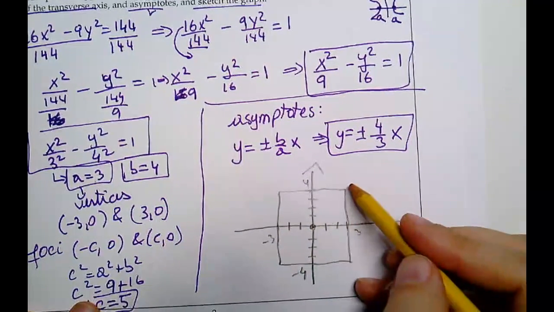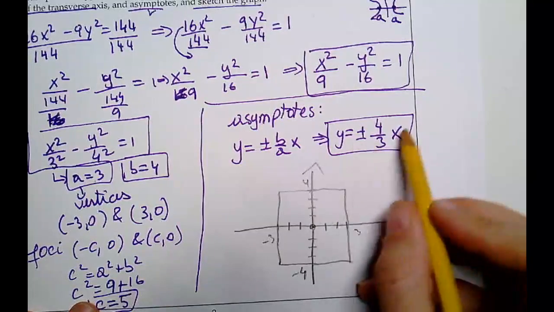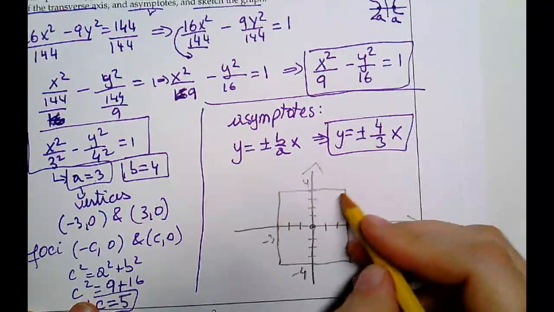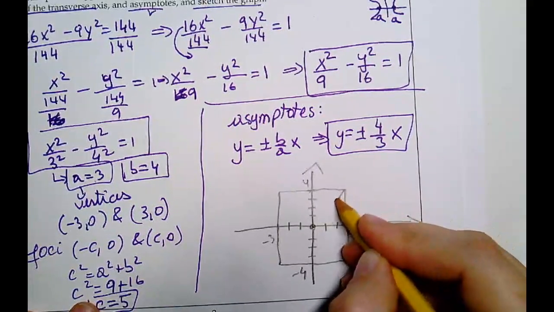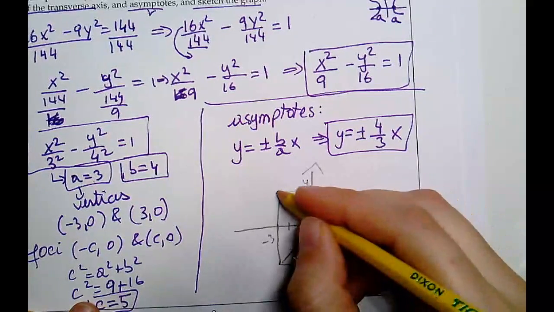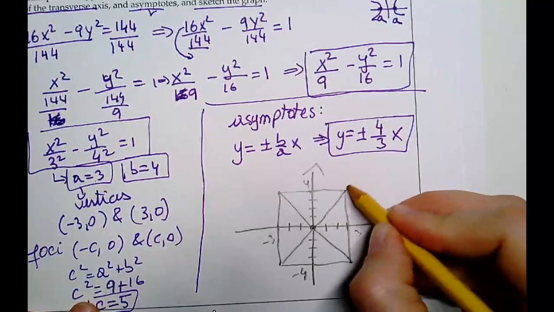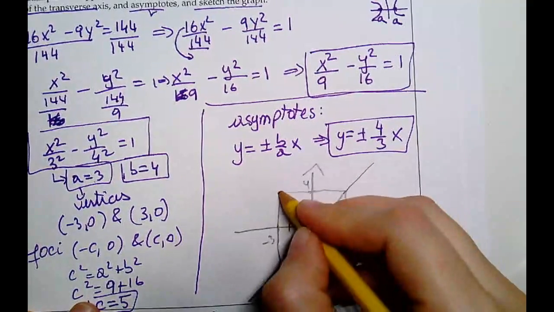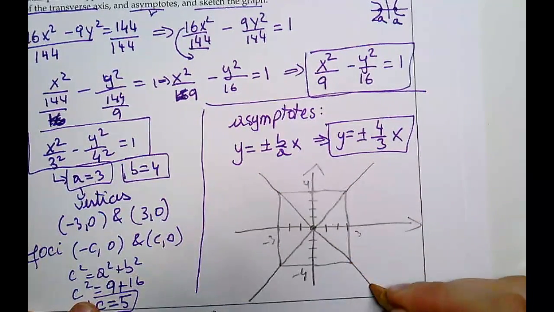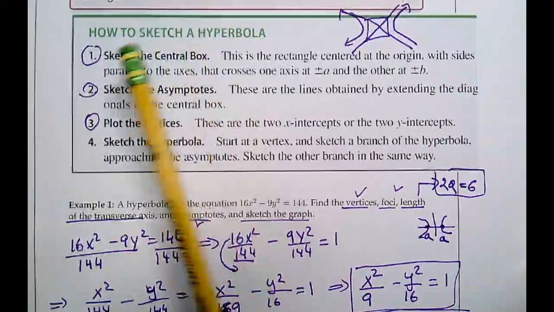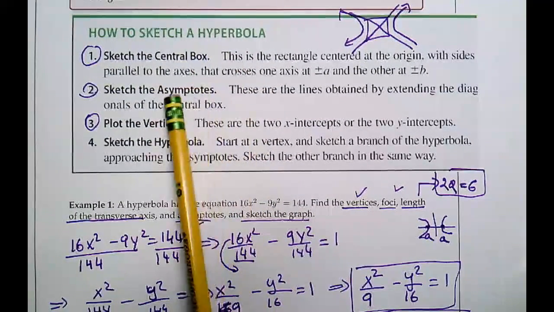And then I'm going to draw the asymptotes. And I don't even have to actually draw these lines. The asymptotes are just going to be the diagonals of this box. So you just draw the diagonals and then you extend them. Okay, so we sketched the central box, we sketched the asymptotes.